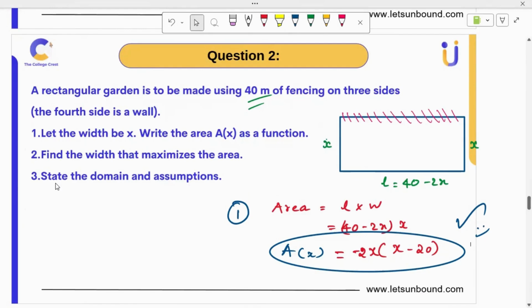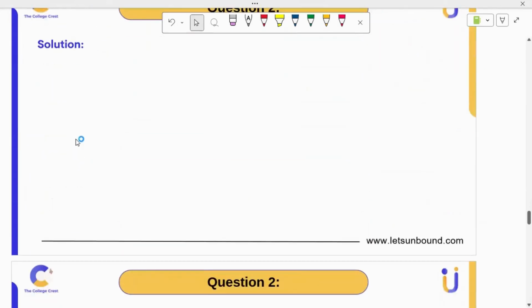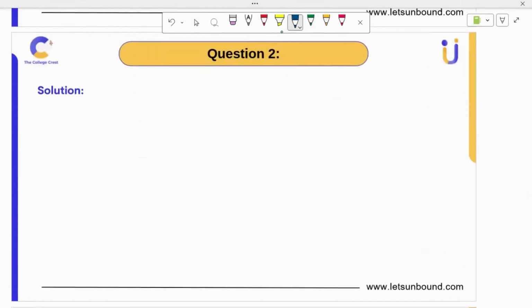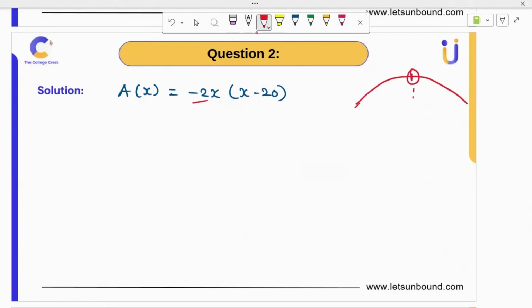Now find the width that maximizes the area. Okay, let me do it here. So this is my A of x, minus 2x, x minus 20. You can see the leading coefficient is negative, so it's a downward-facing quadratic. Which x will maximize this?